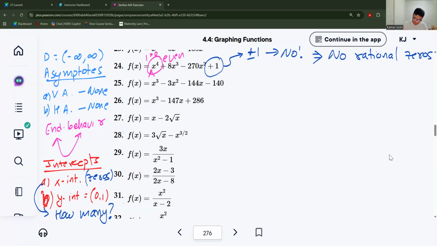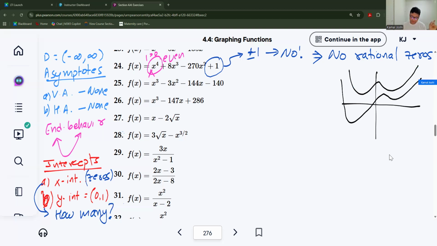And I can quickly give you some situations. I'm not saying that is the sketch of this function. I'm talking about any general biquadratic function with degree 4. You can have a graph go like that and not have any zeros. You can have a graph go like that and have 2 zeros.